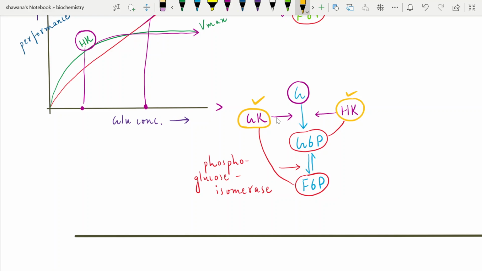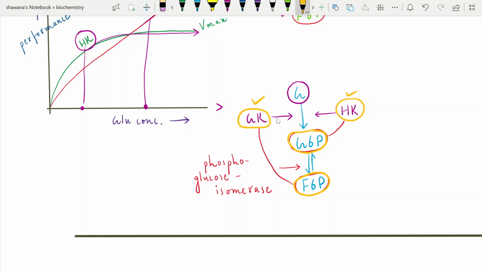Glucokinase has a large Km. It means that it works under a large amount of blood glucose, and hexokinase works under low blood glucose levels. And glucokinase is regulated by F6P, fructose 6 phosphate, and hexokinase is regulated by glucose 6 phosphate.